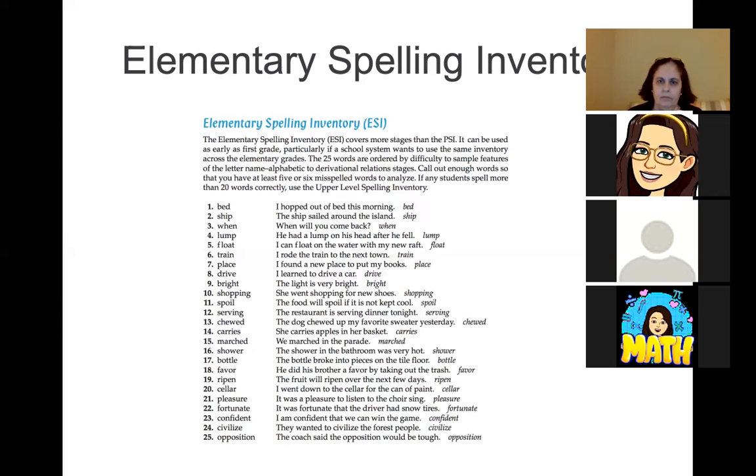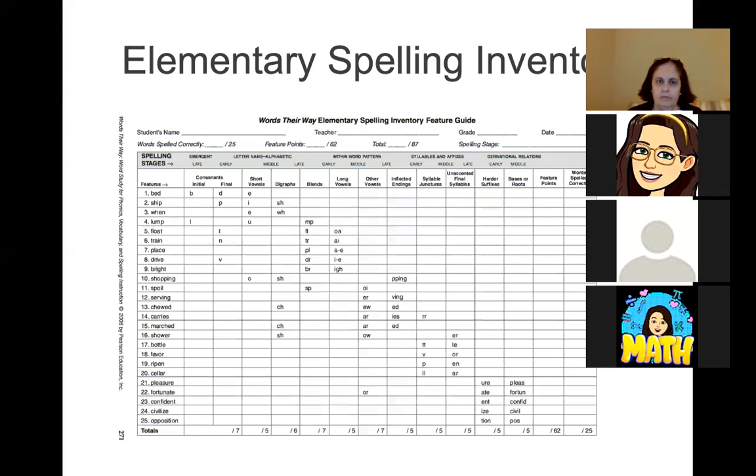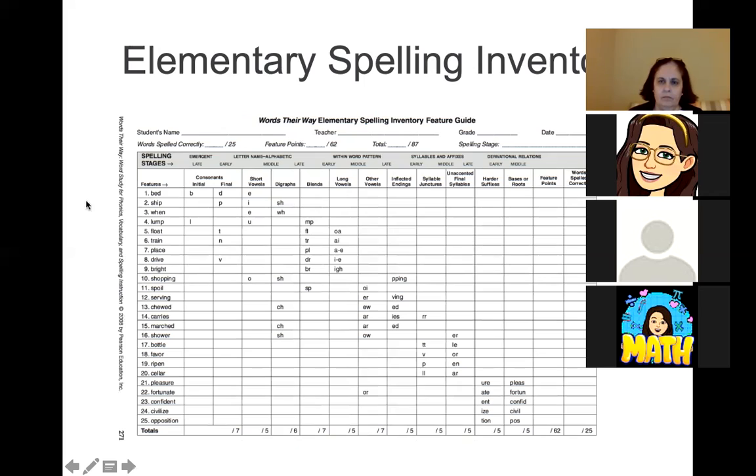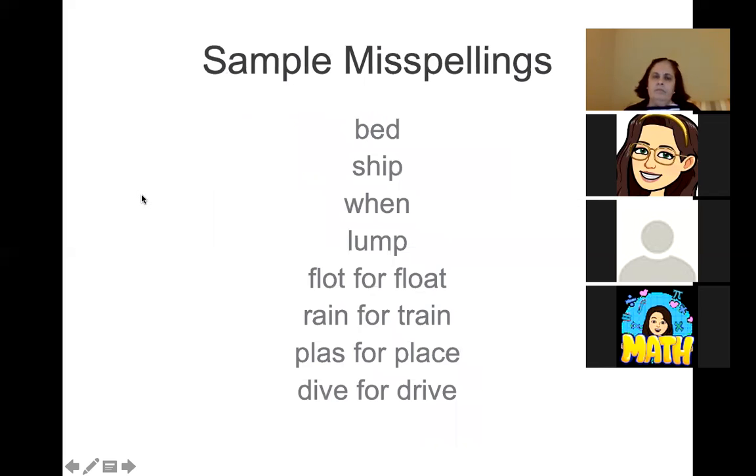So in a spelling inventory, the teacher will analyze the students' written responses, after she has read the word and has used the word in context, in a sentence. So the student will provide the spelling.